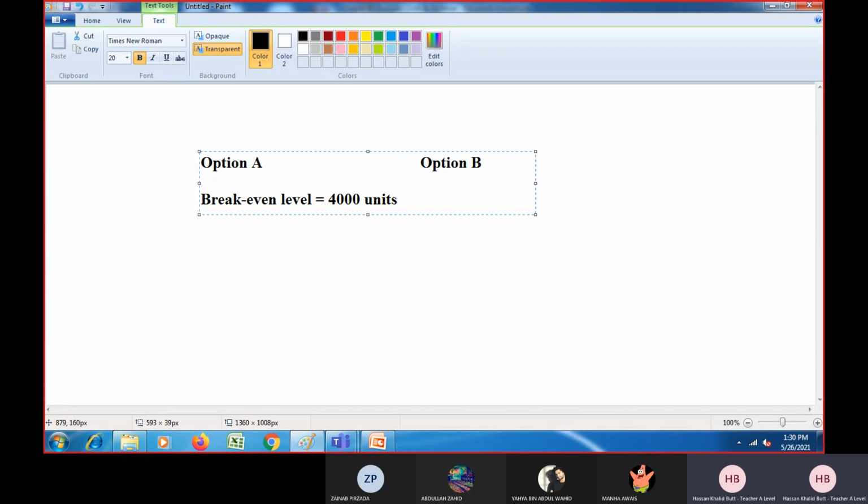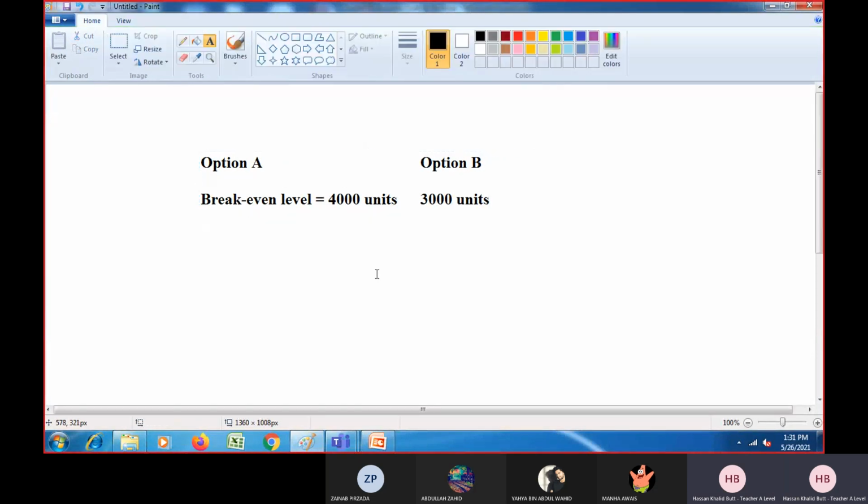Whereas this is for option B. Okay, so if we are doing break-even analysis, it is quite obvious which option we will be choosing.